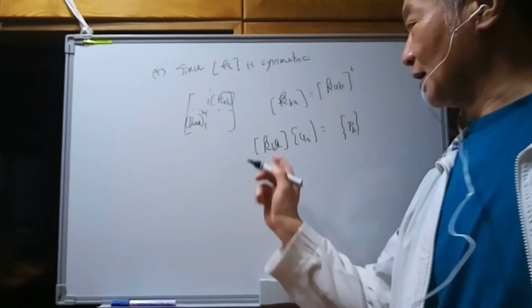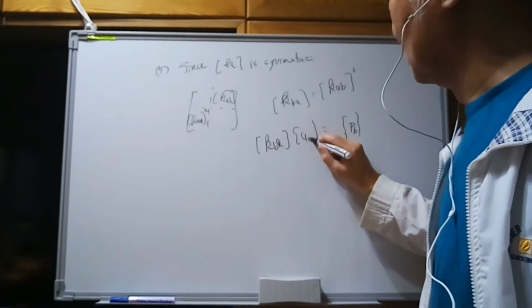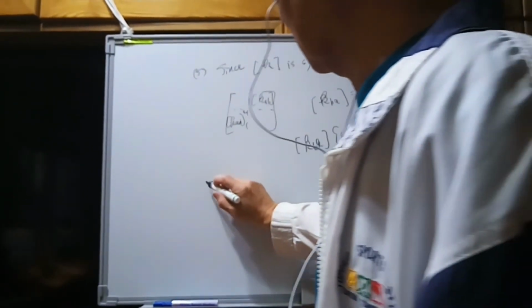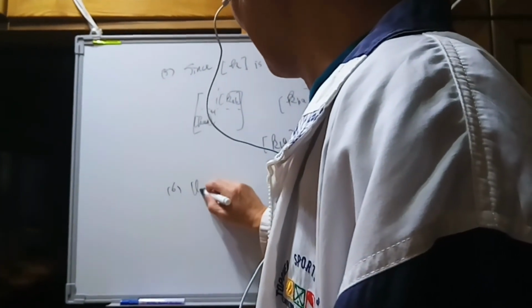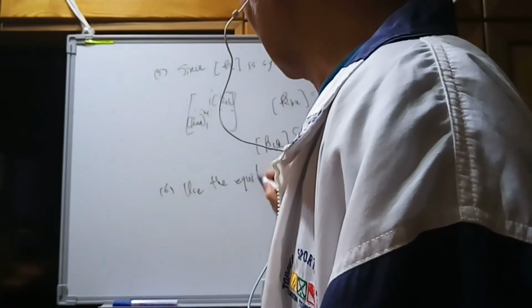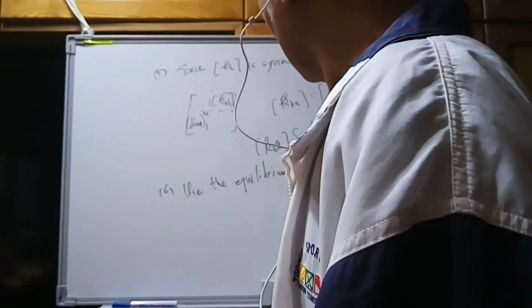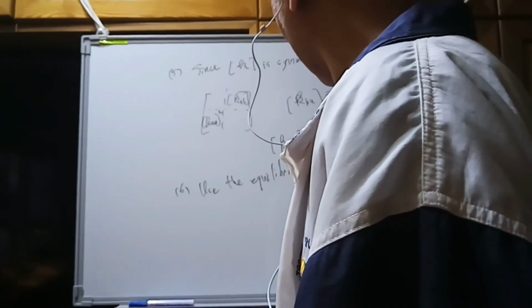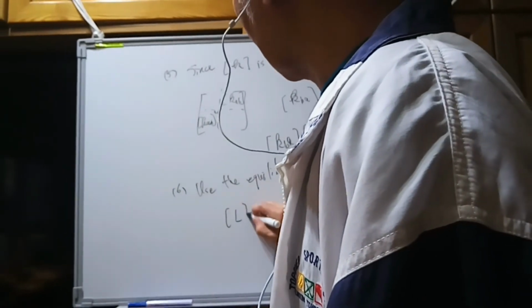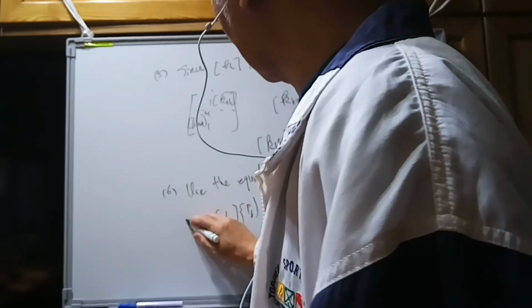Since KBA multiplied by UA gives you the PB, then we use the equilibrium equation again. Then you can use L times PB to give you the PA.